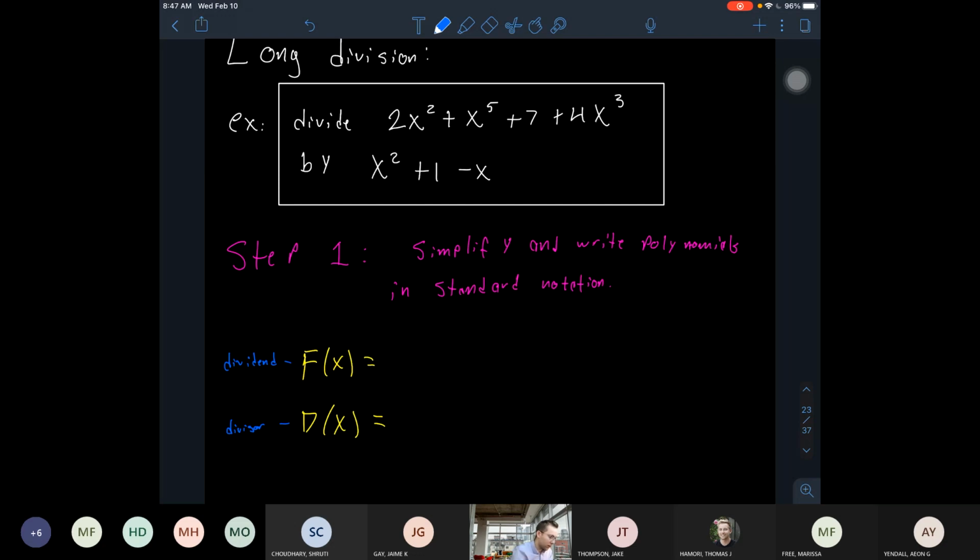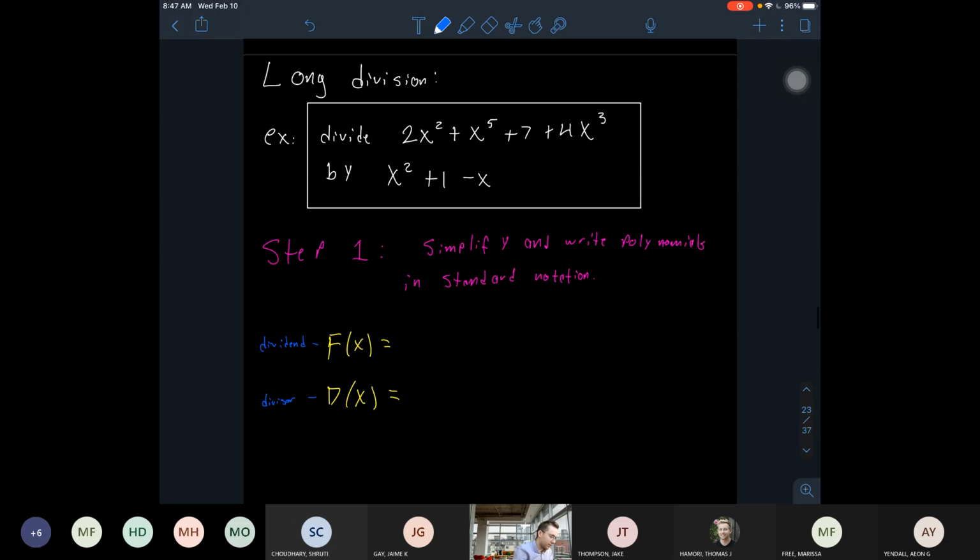So what do we think here for the dividend? Which expression is going to represent the dividend in this case? Let's say top or bottom.